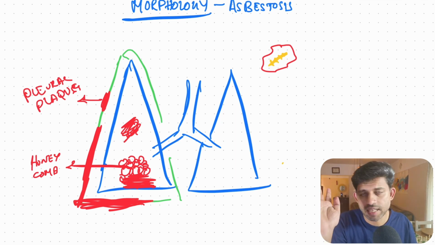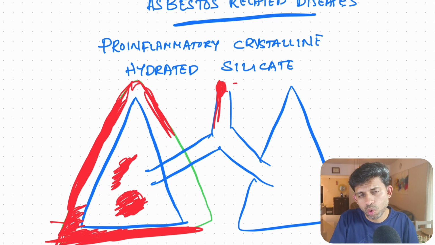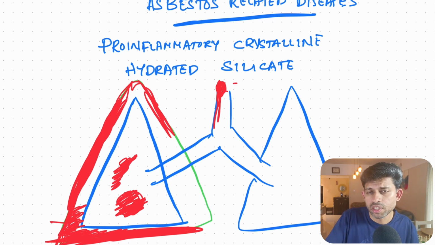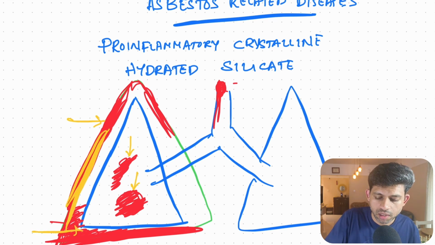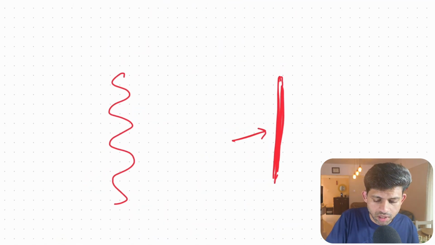To summarize, asbestos is a pro-inflammatory crystalline hydrated silicate which can cause a wide variety of diseases in the lung, mainly interstitial fibrosis, carcinoma of the lung, pleural plaques, pleural effusion, and even mesothelioma and laryngeal cancers. There are two types, serpentine and amphibole.